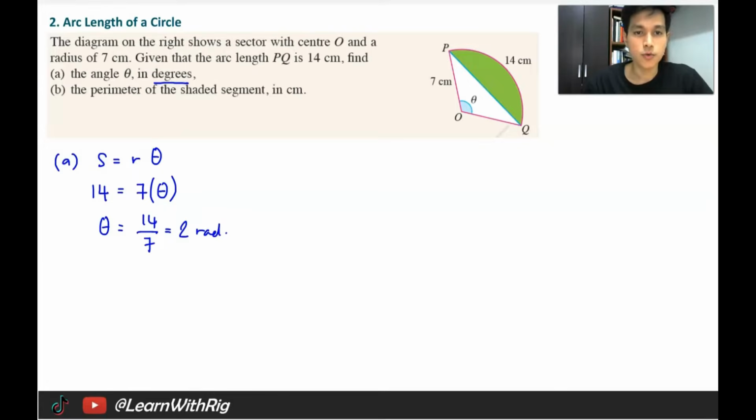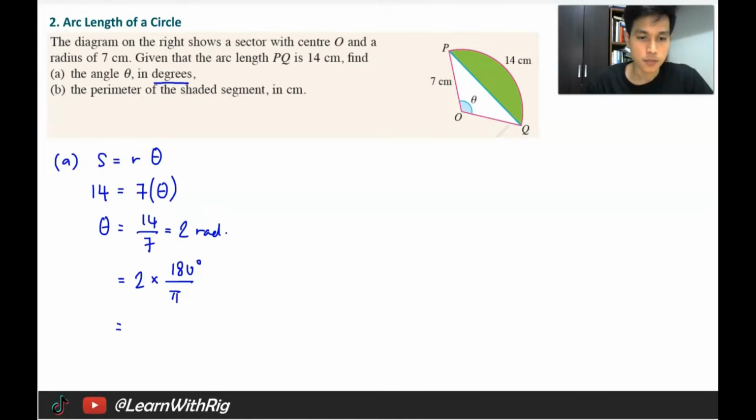So 2 radians, you have to convert to what? Degrees, because they asked for degrees, so please take note of that. How to convert radians to degrees? You take 2 times 180 divided by pi.